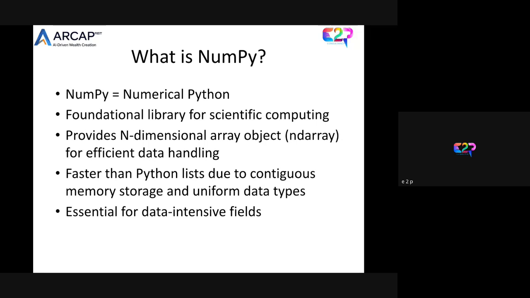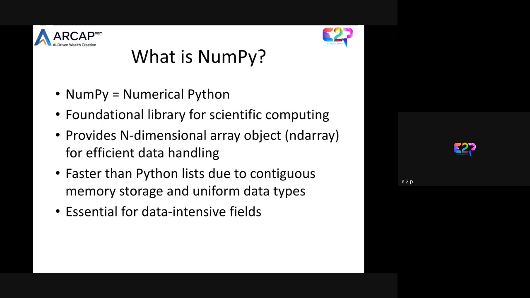So the basic thing is that NumPy is not like a list. A Python list can be of different types. You can store in the same list a string, a float, a boolean, a numerical value, or any type of data.